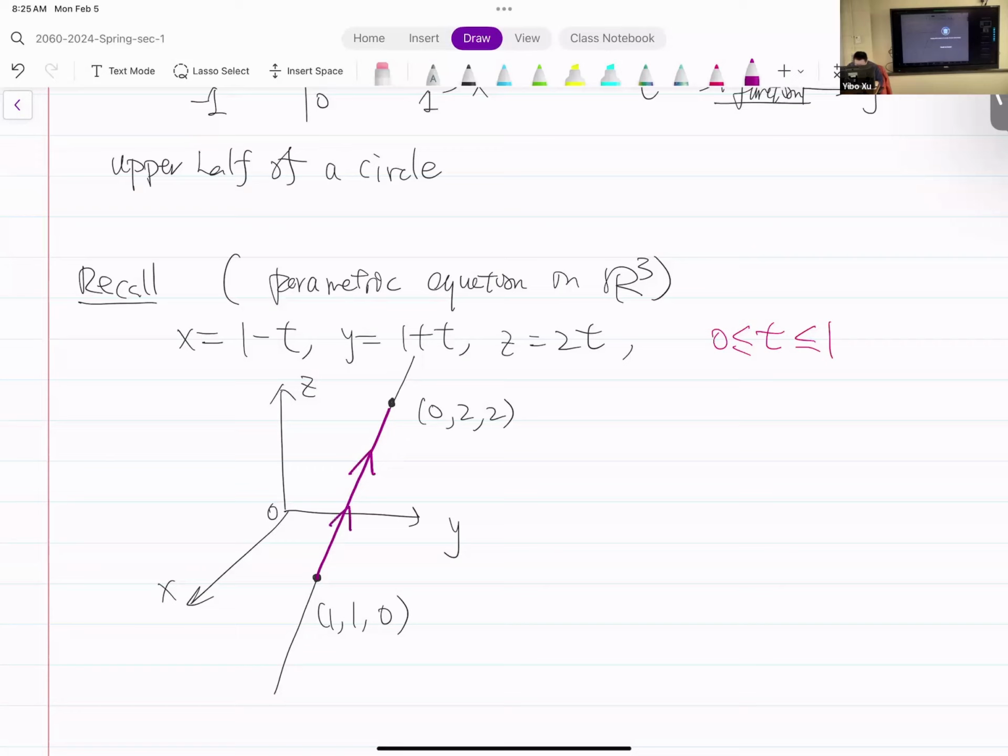Okay. Which is a line segment. But this is what happens if you make t between 0 and 1. Thanks for reminding me. So t goes from 0 to 1. We are actually at the part of the line. Okay.